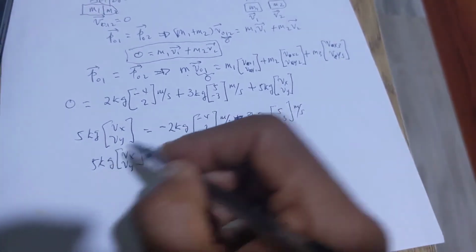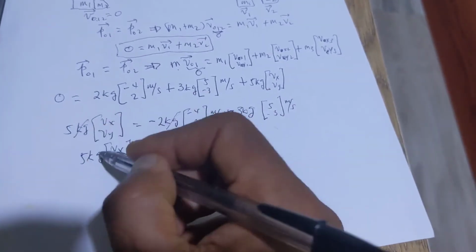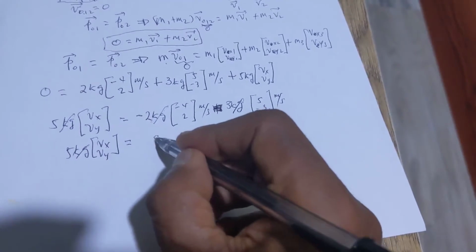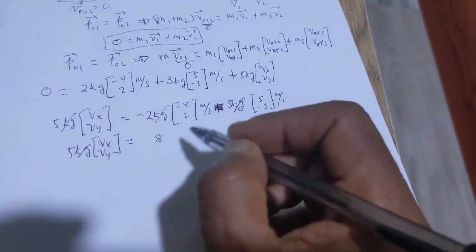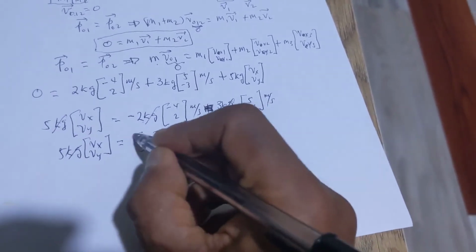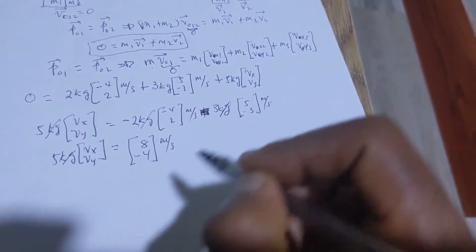Therefore 5 kilograms times Vx and Vy is the same as -2 times the vector, and the kilogram is cancelled from all sides. -2 times -4 is +8, -2 times 2 is -4, in meters per second.